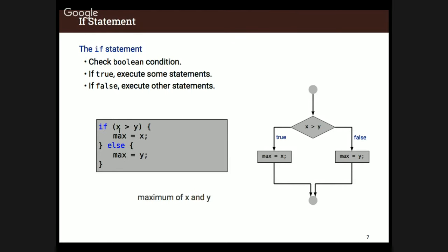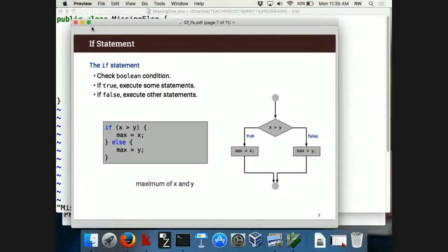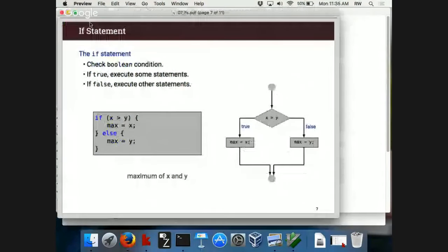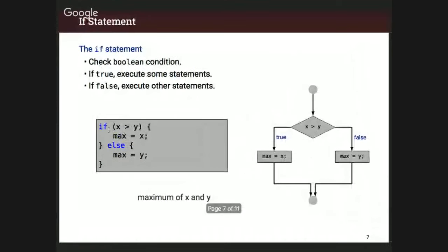Right, second if statement, second example. I have an if statement that says if x is greater than y, good. Then inside the first pair of braces, my true statement is max is equal to x.